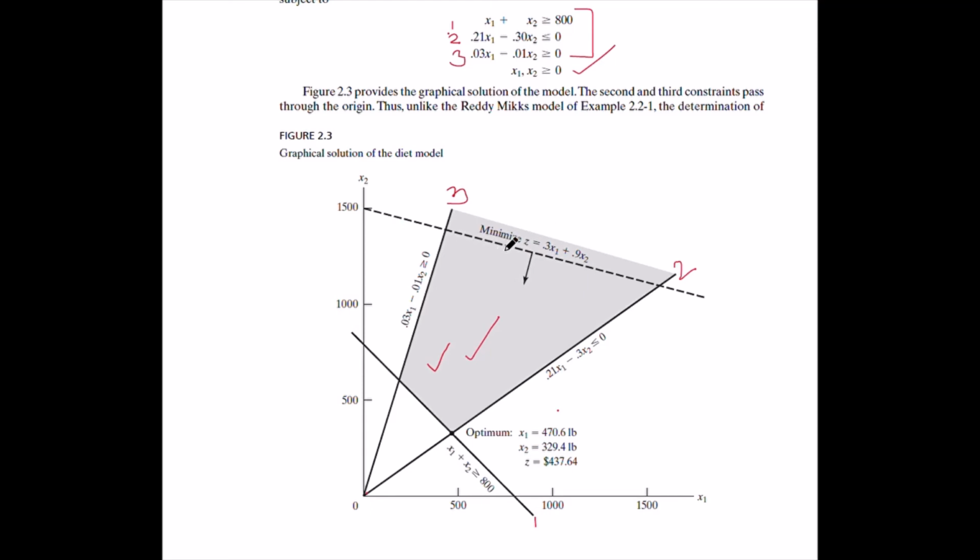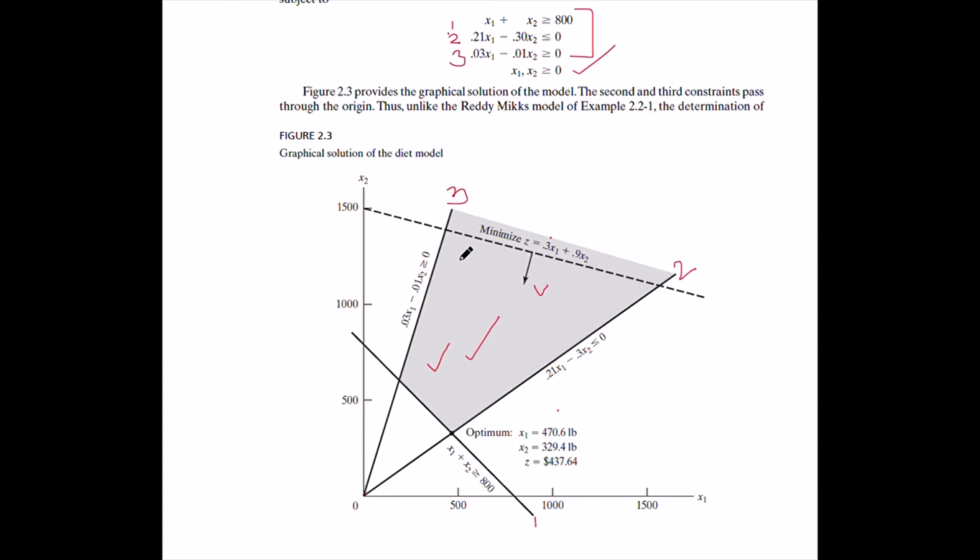So we will draw the line z with slope minus 0.9 by 0.3. We get a slope similar to this line. We draw it, and then we need to minimize. If we go this side, it is maximizing. If we go this side, then it is minimizing. So we are following the down direction.